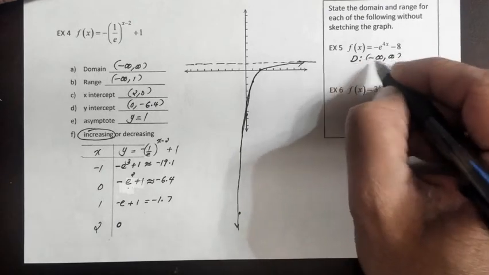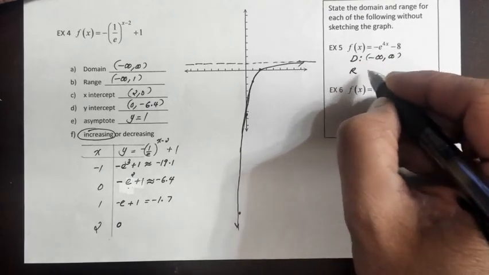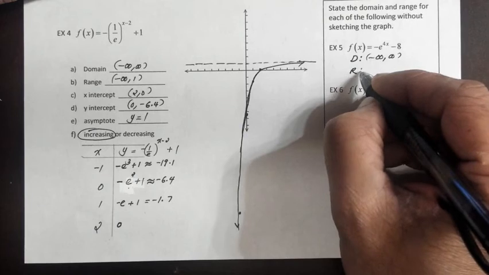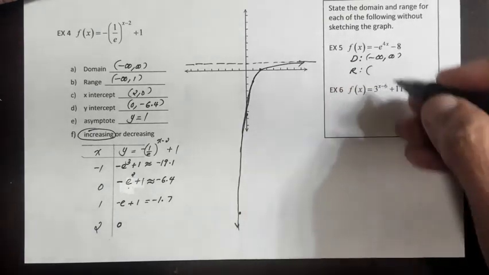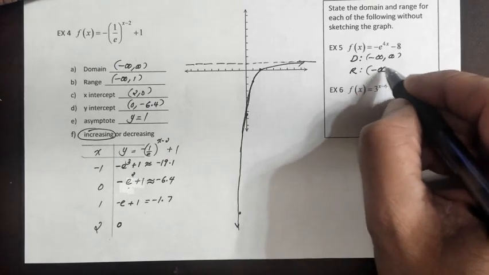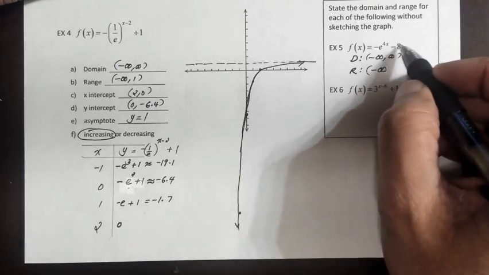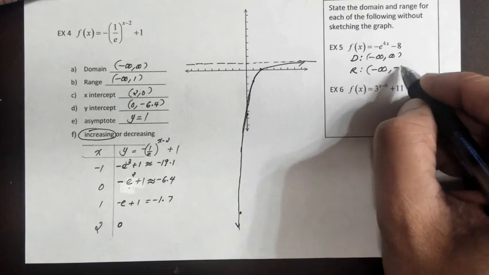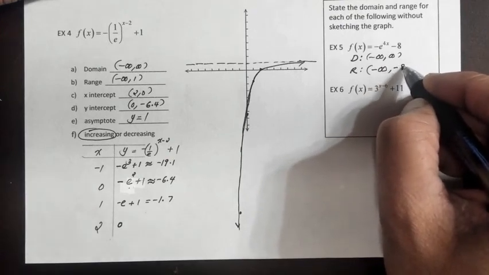It's always the same thing. And the range is going to be starting from negative infinity, because you know this is the cap, this stops right there, so it's going to be all the way up to negative 8.